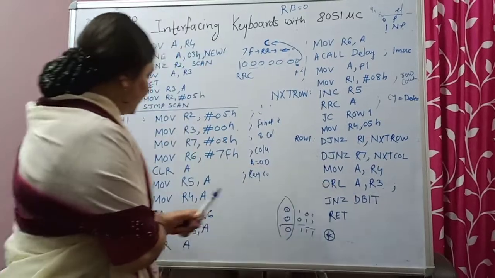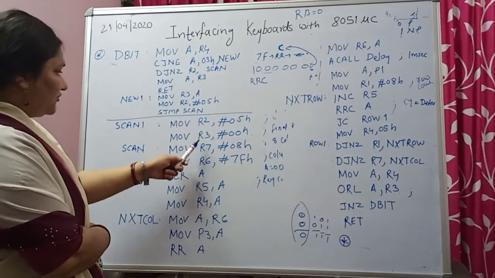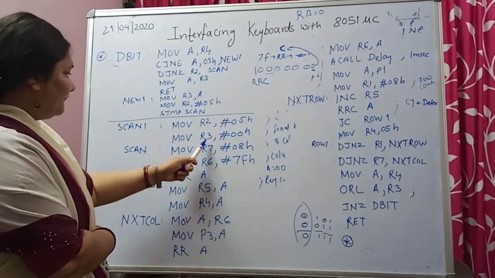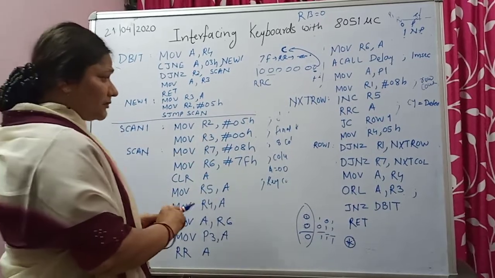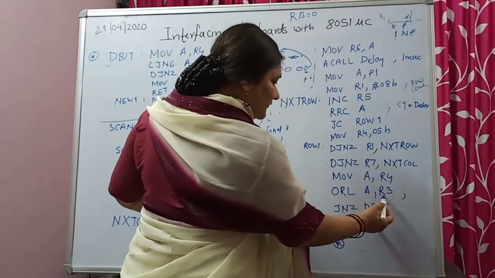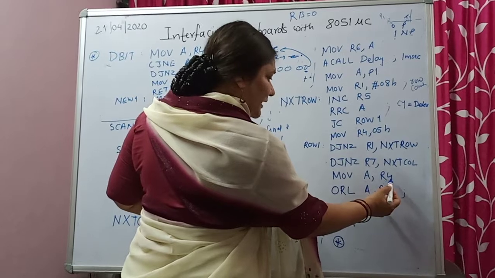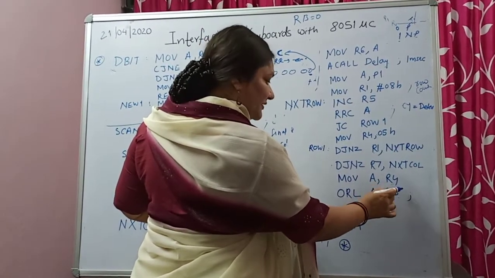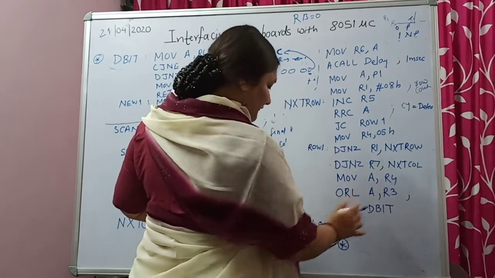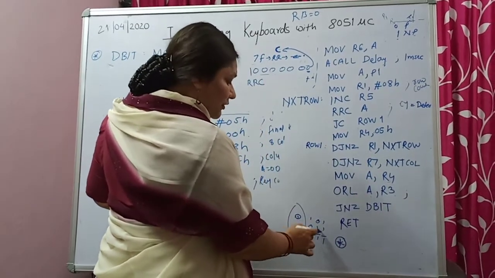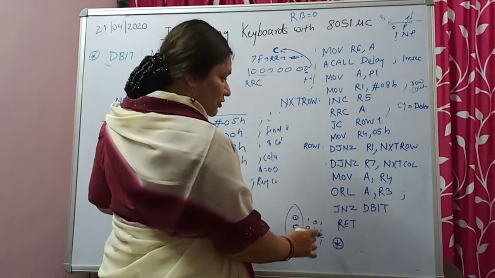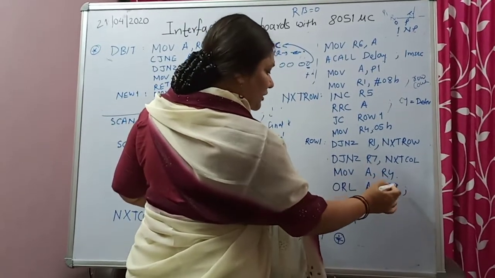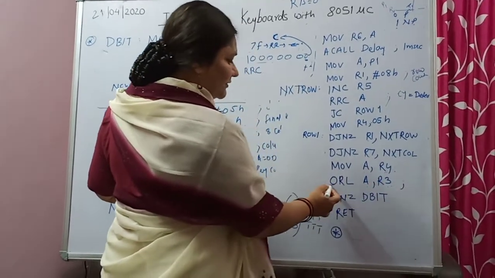R3 status, initially, for the first time we are assigning it to 0. So this result will be 0 only when R4 is 0. If R4 is not 0, or if R3 is not 0, then the ORing result will not be 0. So when R4 is 0 and R3 is 0, then only the ORing will be 0.